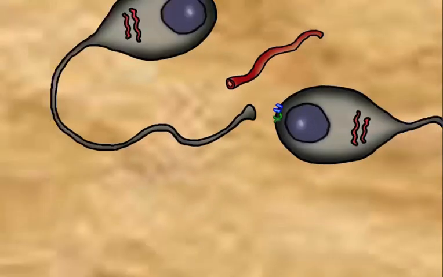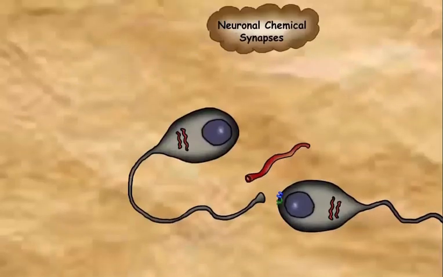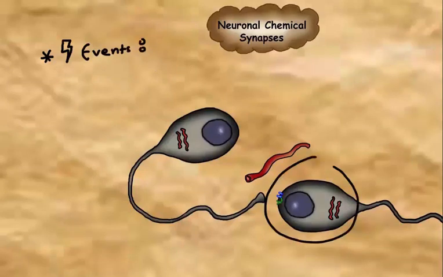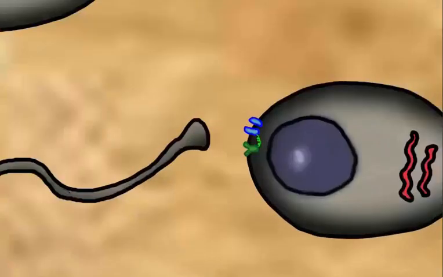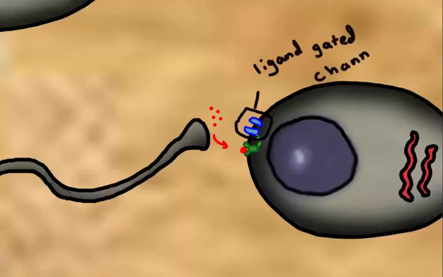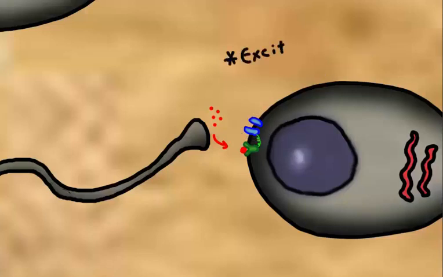And now let's look at some electrical events taking place on the post-synaptic neuron. First off, a neurotransmitter binds to receptors found on the surface of the post-synaptic neuron. These receptors are connected to ligand-gated channels. Electrical events happening could be either excitatory, in which partial threshold depolarization on the cell membrane is taking place.